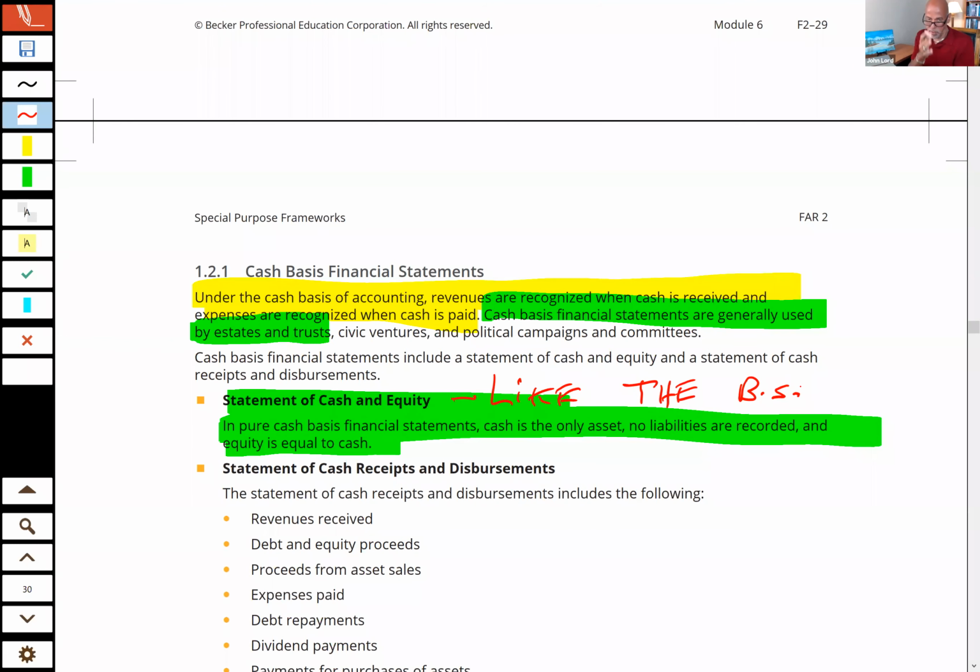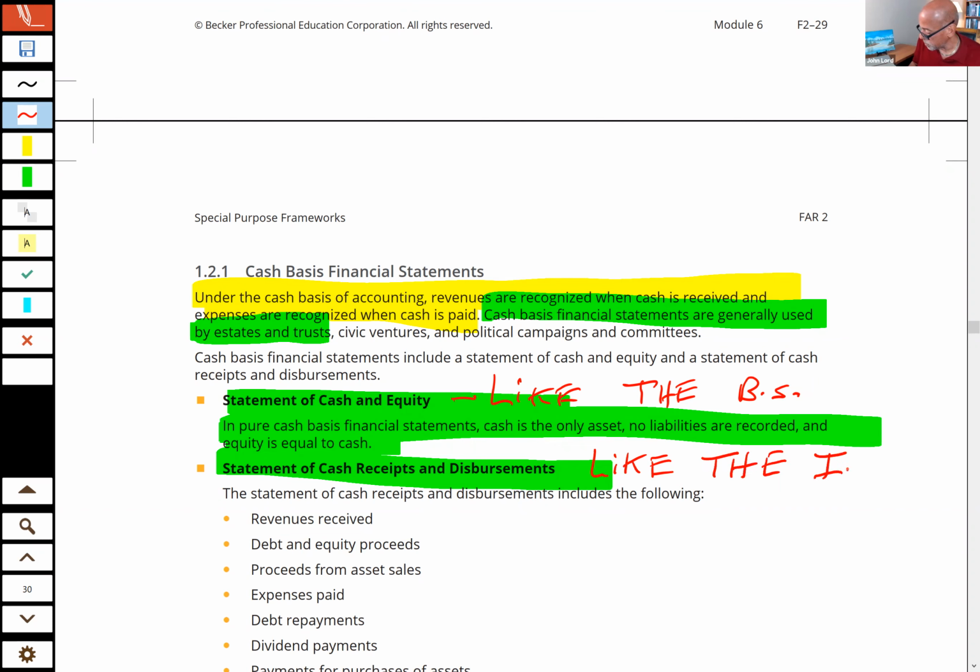That name is reserved for GAAP statements. So we don't call it a balance sheet. We'll call it a statement of cash and equity. Statement of cash receipts and disbursements. And let's just go ahead and write in here just so we understand that, through analogy, we're talking about something that is like the income statement.